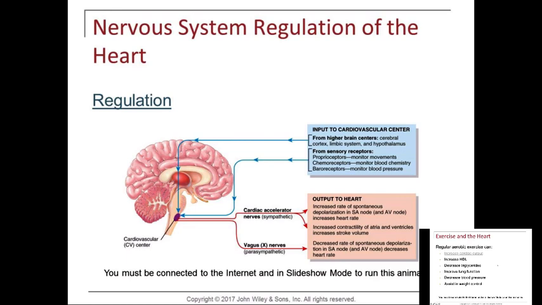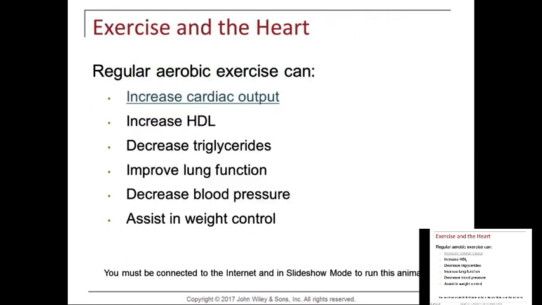Regular aerobic exercise can increase cardiac output, increase your high-density lipoproteins, decrease your triglycerides, improve lung volume, decrease blood pressure, and certainly assist in weight control, because when you exercise you tend to put on more muscle and more mitochondria. It's called mitochondrial biogenesis. The more mitochondria, the more little burning centers you have to burn fuel, which loves to burn fat cells.